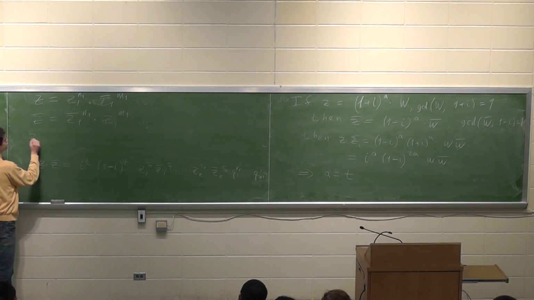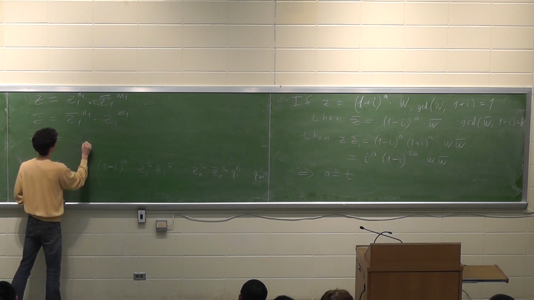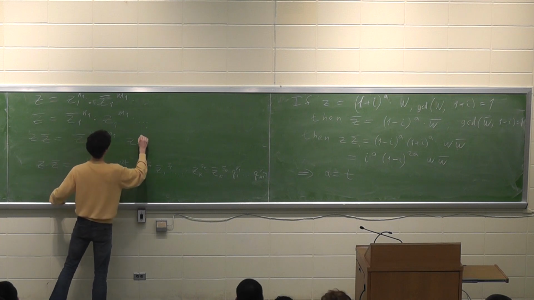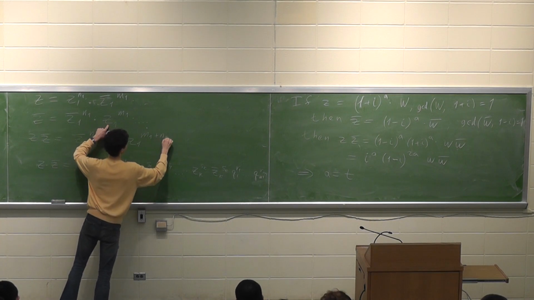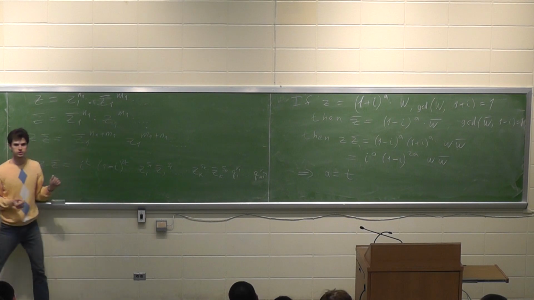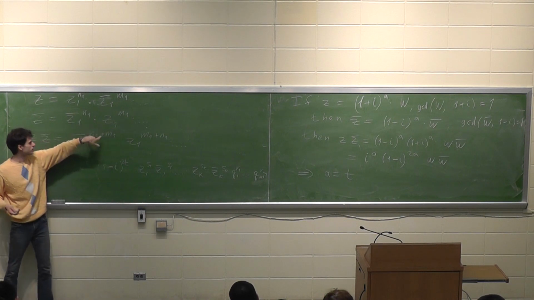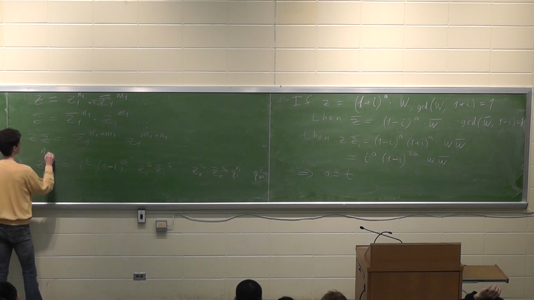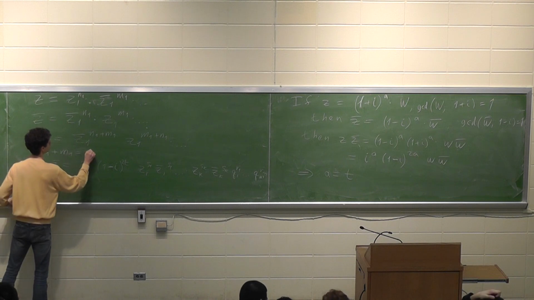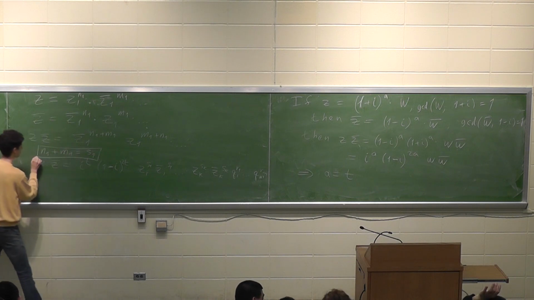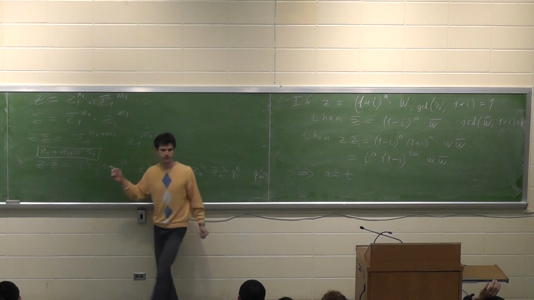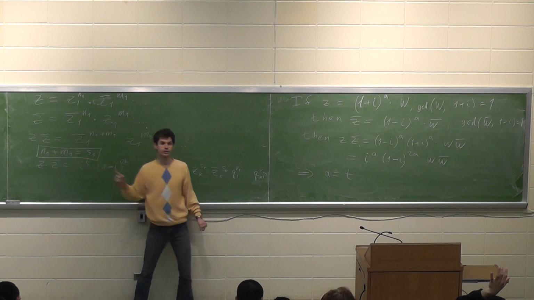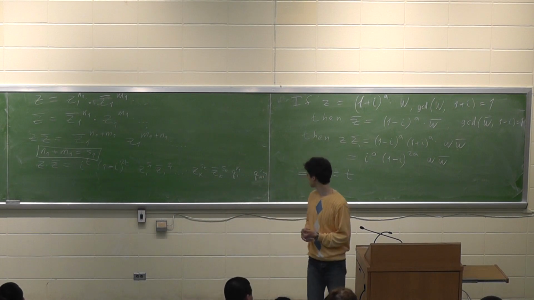But in the product z and z conjugate, I have z1 conjugate to the power n1 plus m1 and z1 to the power n1 plus m1, times other primes. So the only condition that I really care about is that n1 plus m1 is equal to s1. So I can choose any number n1 from 0 to s1, and then choose m1 to be s1 minus this number.